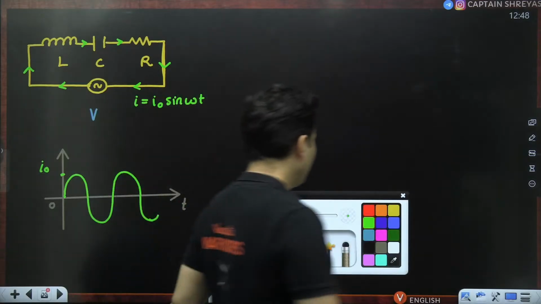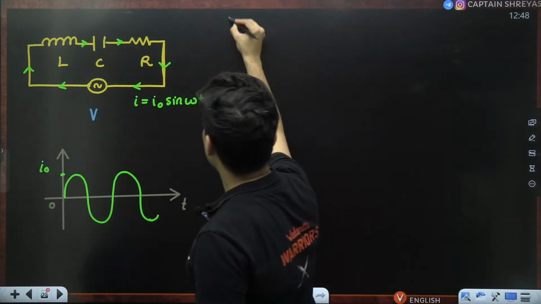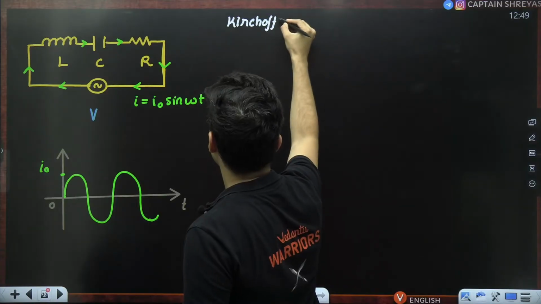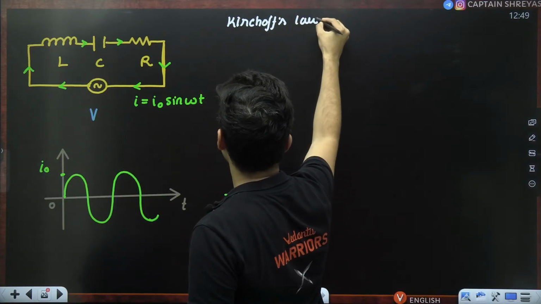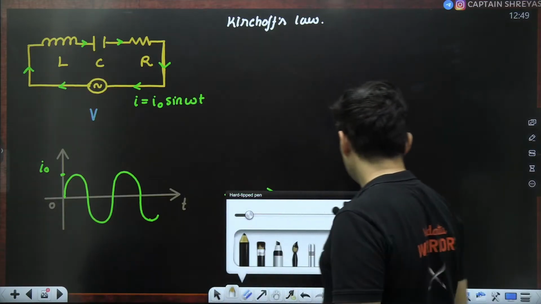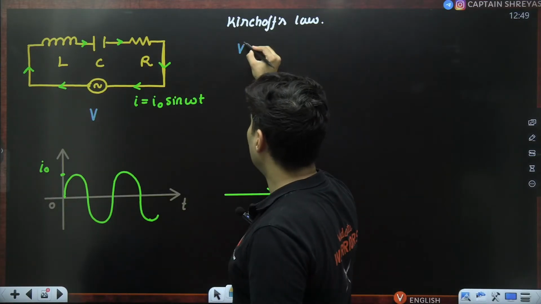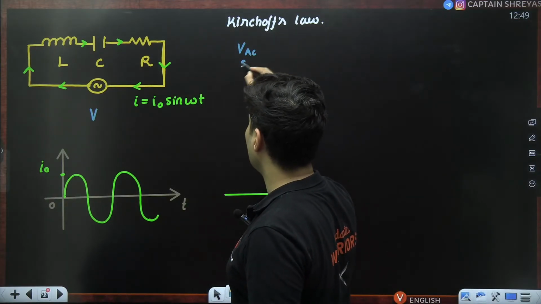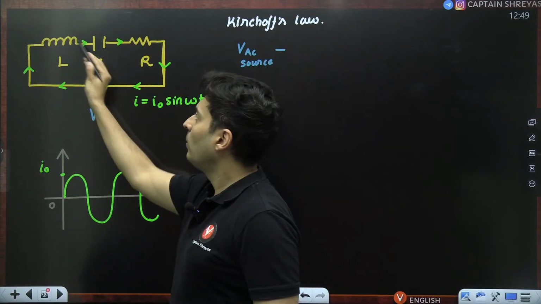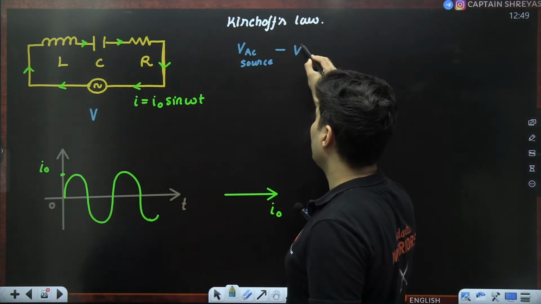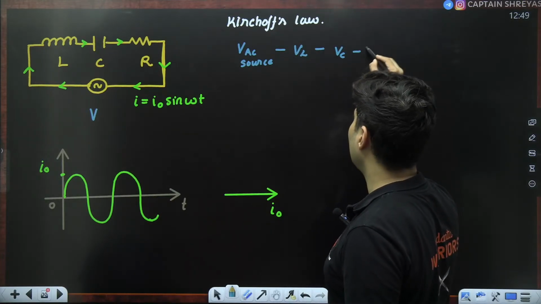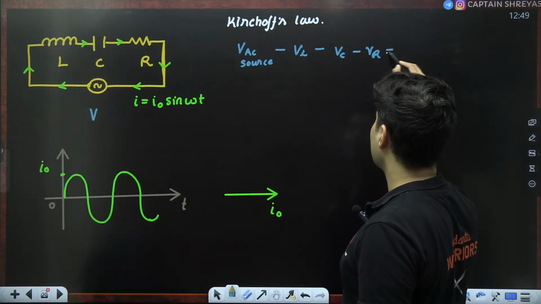Now, if you apply Kirchhoff's loop law, you will see as you pass across the circuit, the voltage of the AC source, then over here, first drop you get voltage across the inductor, next drop voltage across the capacitor, minus voltage across the resistor.